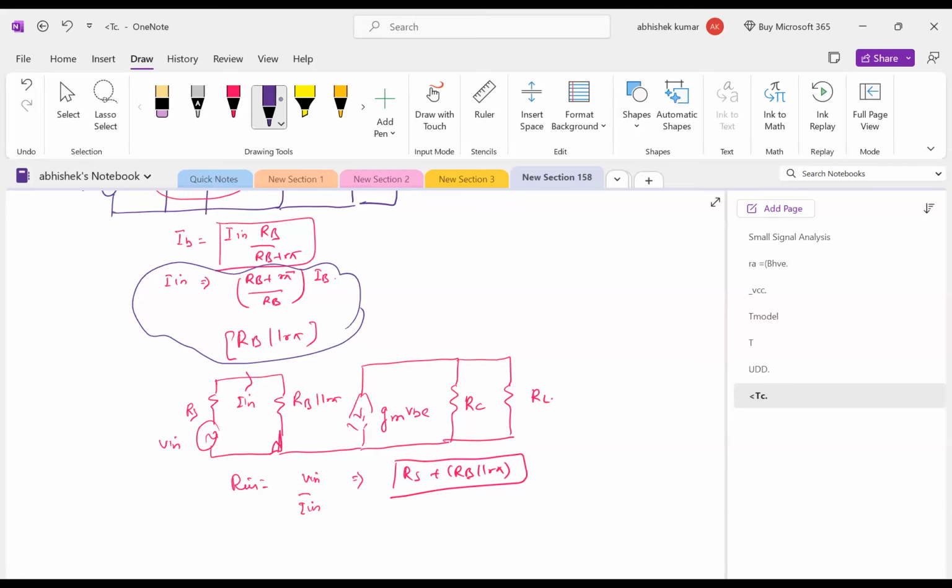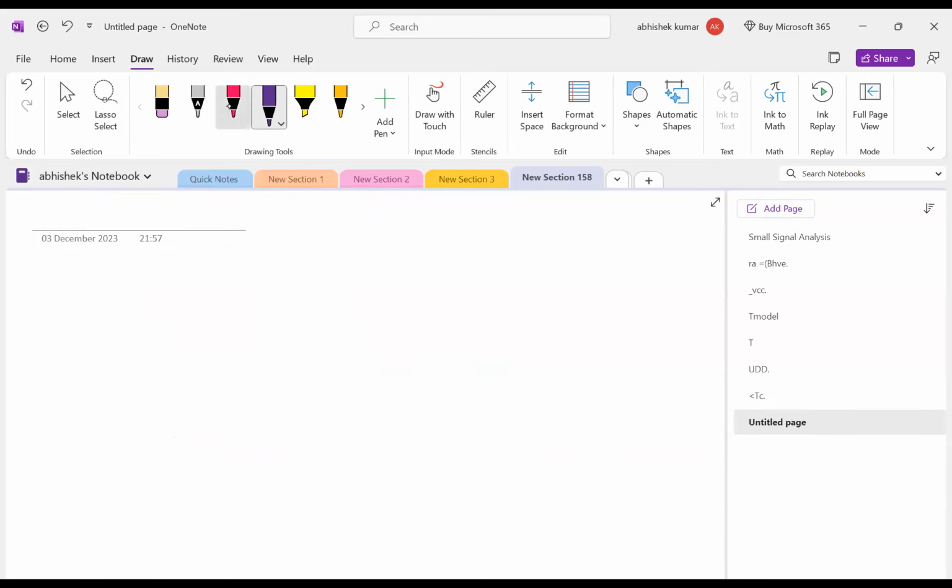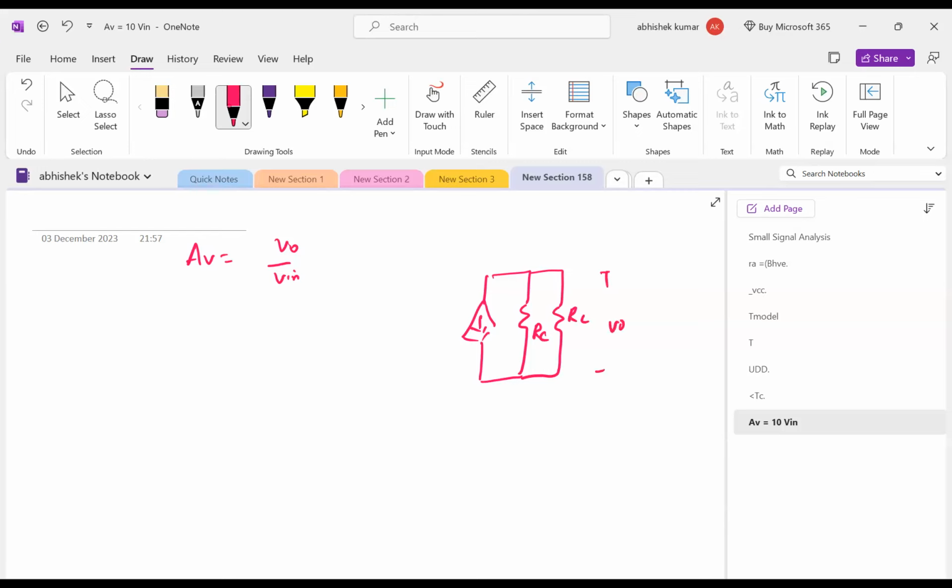Okay. Now can you find voltage gain? Yes, sir. Voltage gain AV is equal to V output by V input. I'm just writing it as RB parallel R pi.